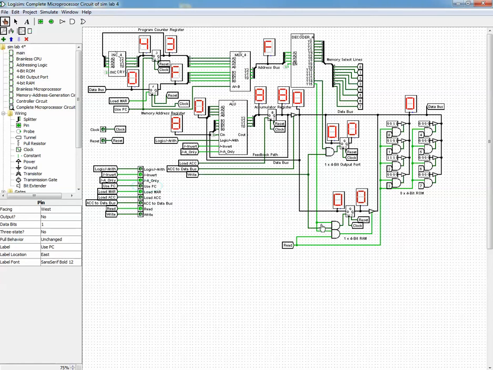What is missing right now is to set read equals 0 and write equals 1. I do not want to read anymore from any of these memory units, and I want to write to one of these memory units.